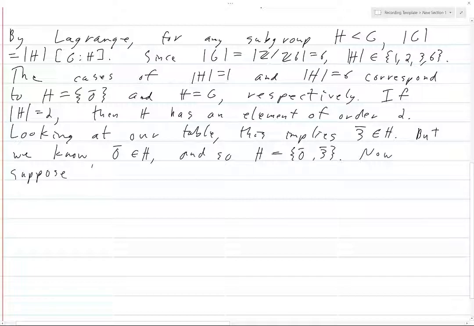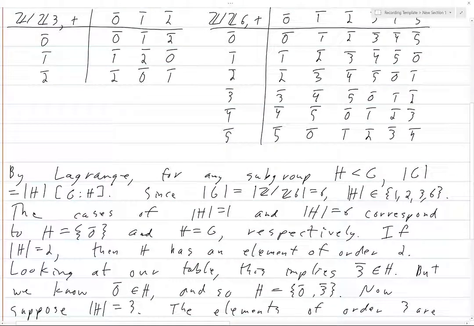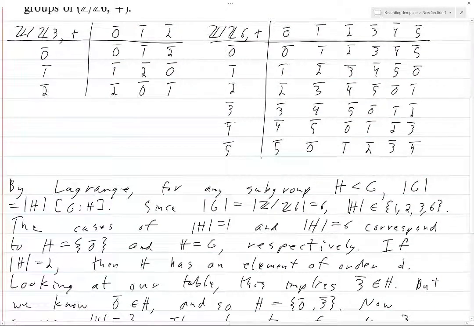So now, suppose the order of H equals 3. The elements of order 3 are, well, let's look at the table. 1 plus 1 is 2, 2 plus 1 is 3, that's no good. 0 is obviously out. 3 is obviously out because it's of order 2.